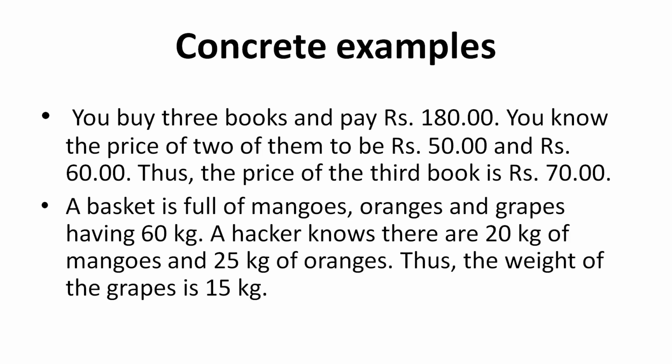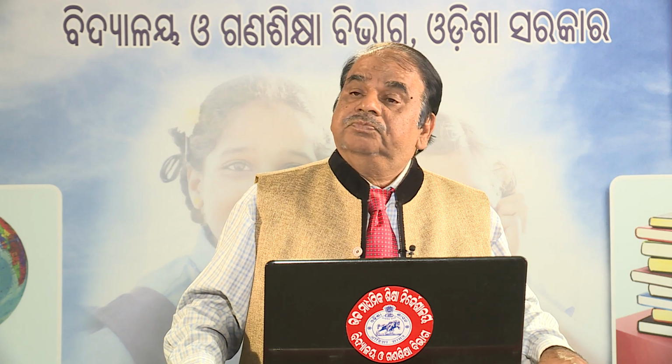Another example can be taken in this manner. A basket is full of mangoes, oranges and grapes, weighing 60 kg. A hawker knows there are 20 kg of mangoes and 25 kg of oranges. So, the weight of grapes will automatically be 15 kg. In our day to day life also we use this method. When we weigh our oil, how do we do that?